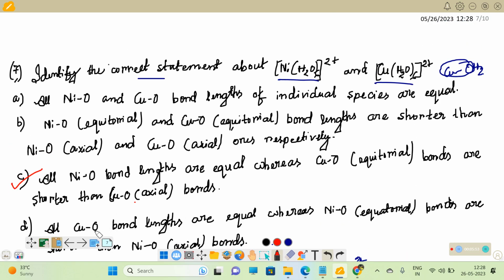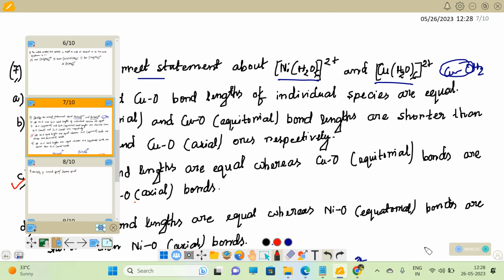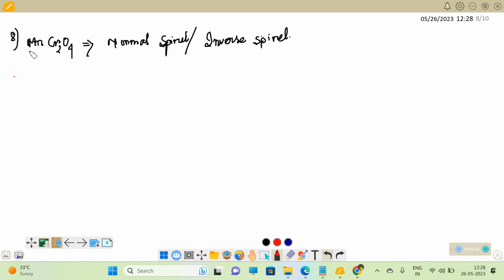So coming to the next question. You have to tell whether this is a normal spinel or an inverse spinel. This is a very easy question. Before solving this, we will see that it is AB2O4, and how we will calculate that.